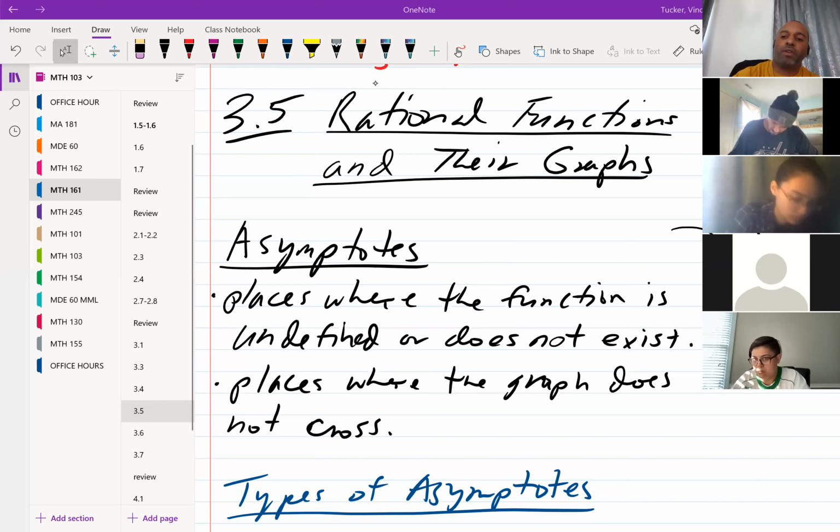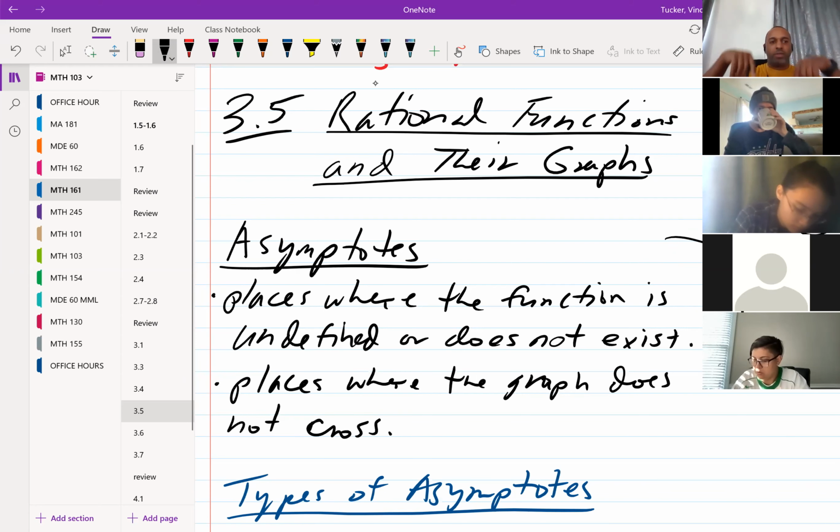Here's just a rough sketch of what I mean. You'll have this invisible line, and your graph will never cross it. It will go up or go down where that line is and never cross that line. Those are your asymptotes.